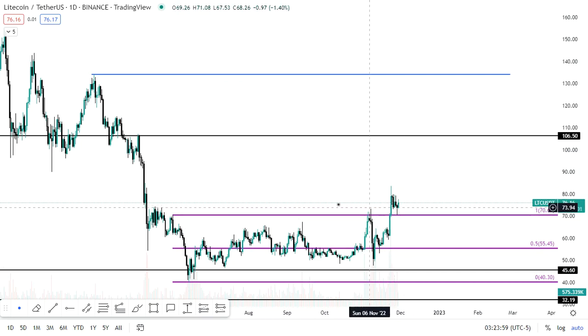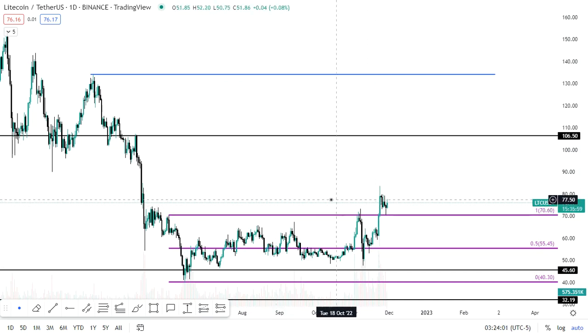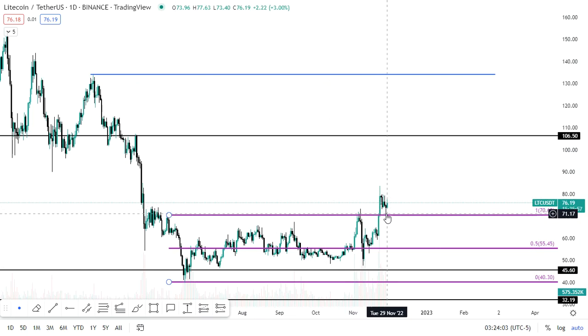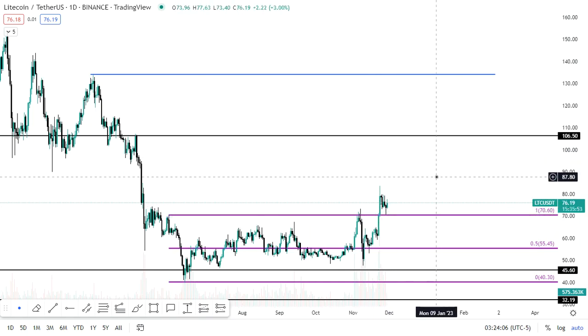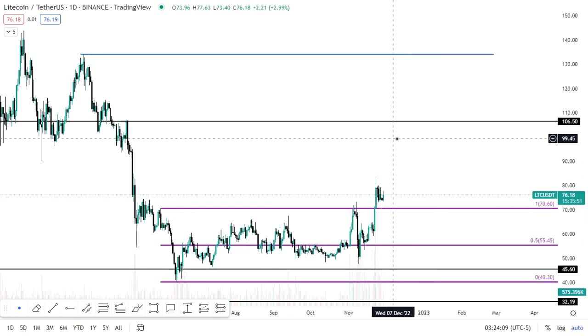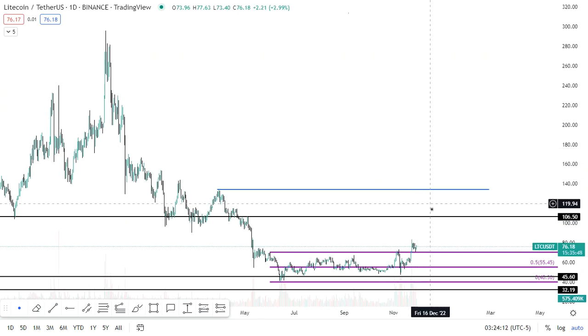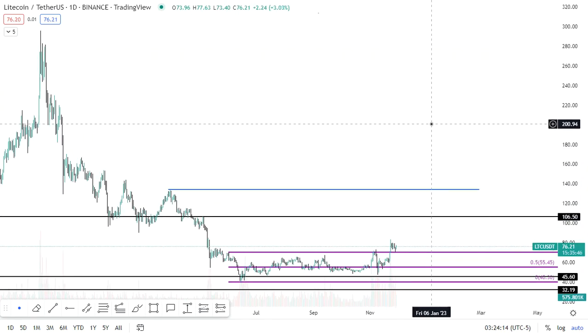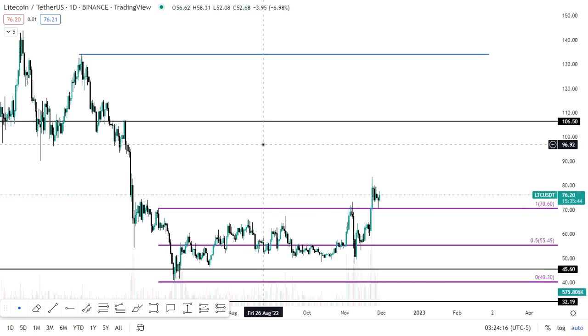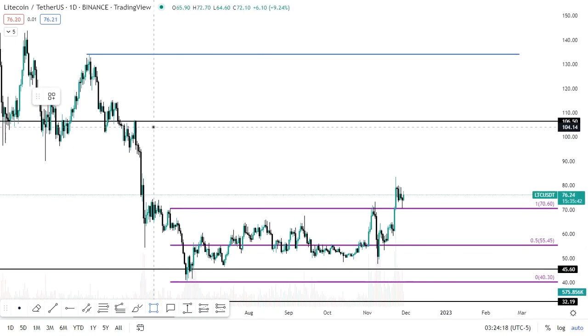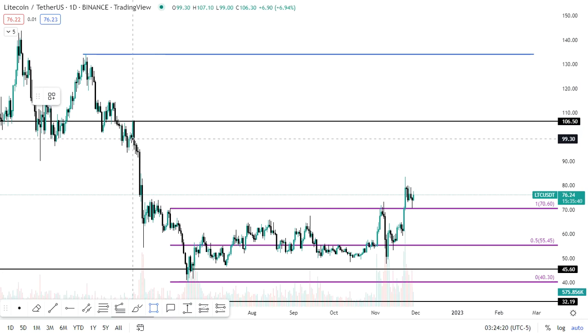So the market structure somehow has changed and we are holding this range high, and it's highly probable that we go towards this weekly level and this daily order block. So you can take this daily order block as well.